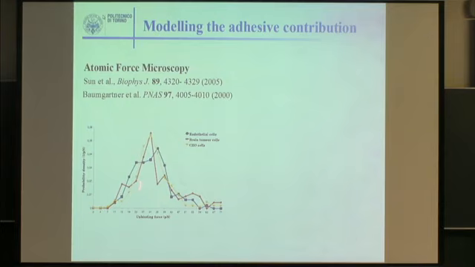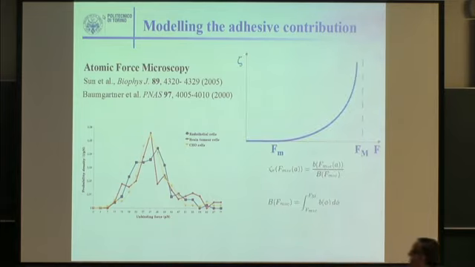Okay, and you can relate that to this decay rate of the bonds, to a survival probability. It is a function like this one, which tells you that there is no breaking below, say, 7 piconewton.